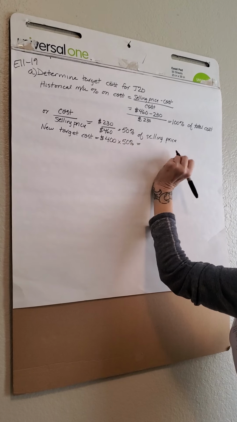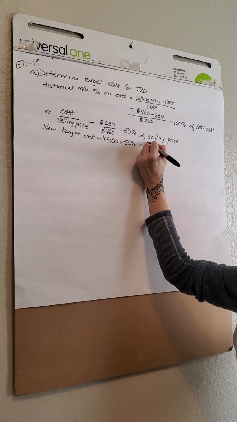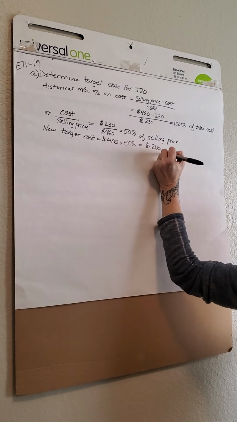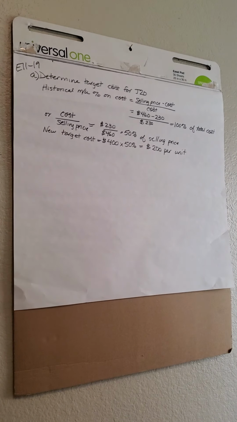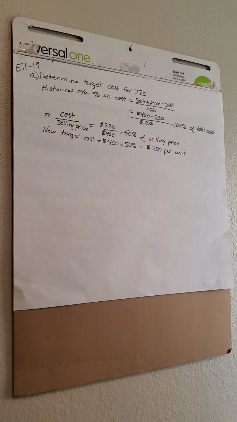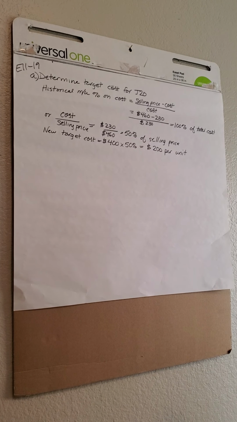And that's going to tell us that the new target cost needs to be $200 per unit. Okay, so we currently have a cost of $230 per unit. We need to bring that down to 200.